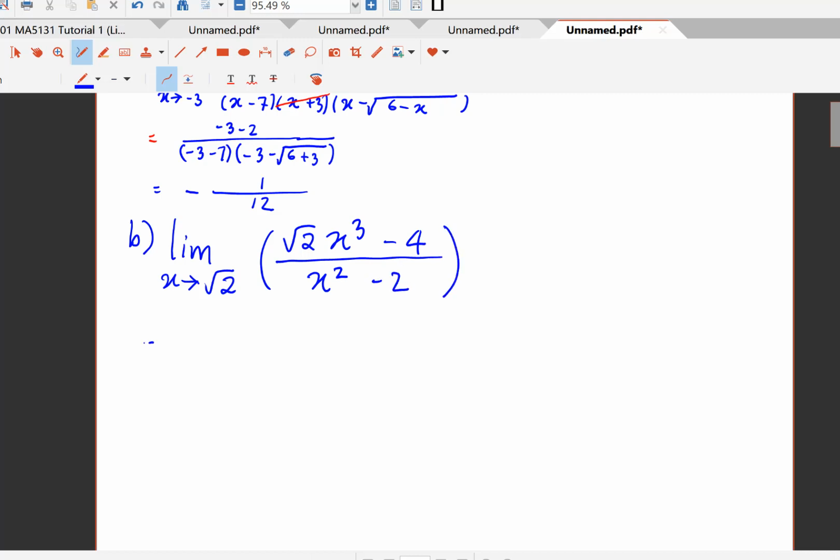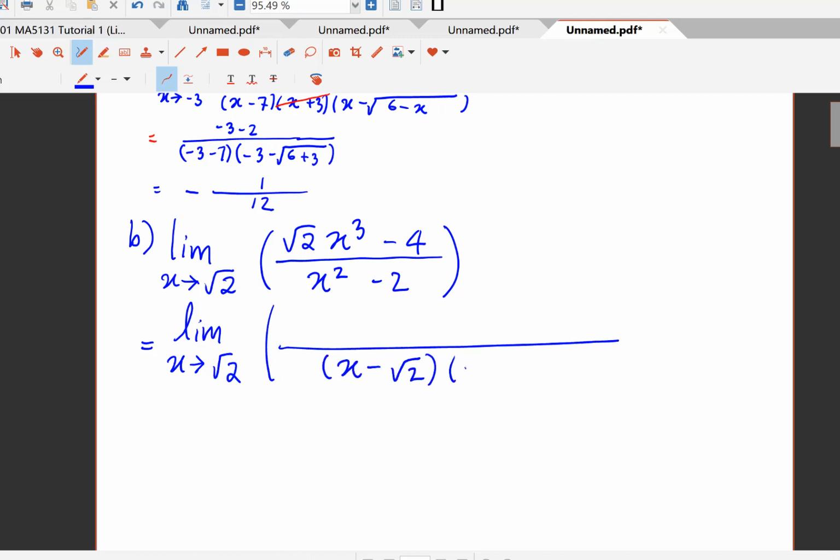Okay, in question 2, we can do this question by again performing factorization. So that gives you x minus something for the numerator.